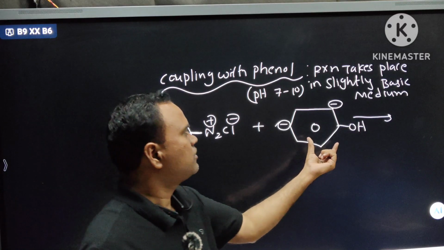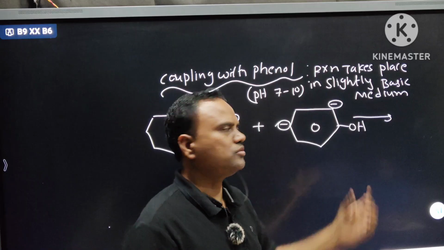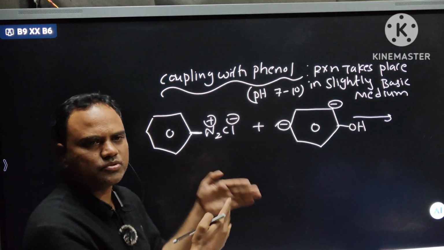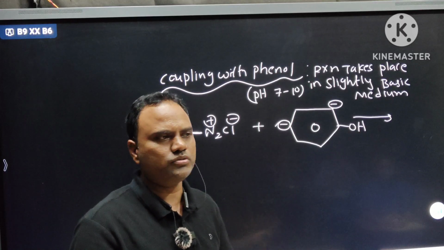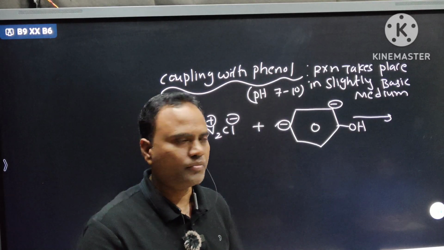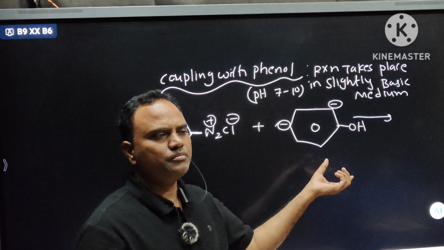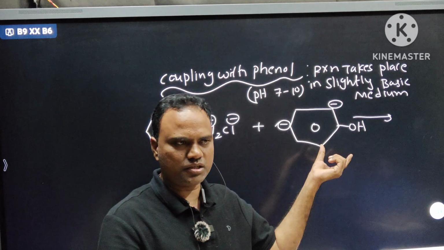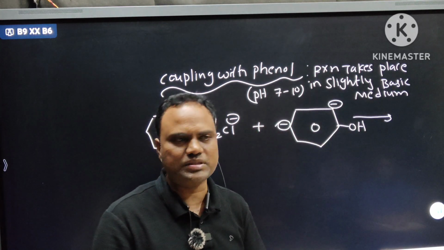If we take acid, here also you will get some salt type, so the reaction will be very fast. Clear? That's why we are using basic medium. So how to remember whether basic or acidic medium? By using the opposite concept. When we take acid, use basic medium. When we take base, use acidic medium. Slightly.